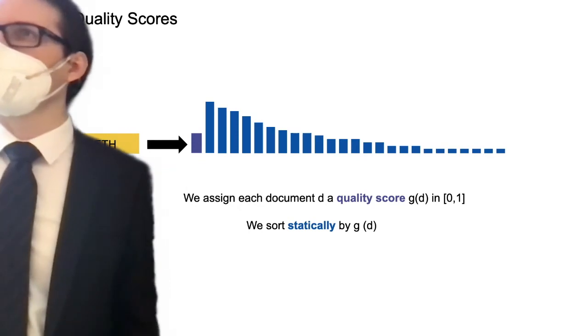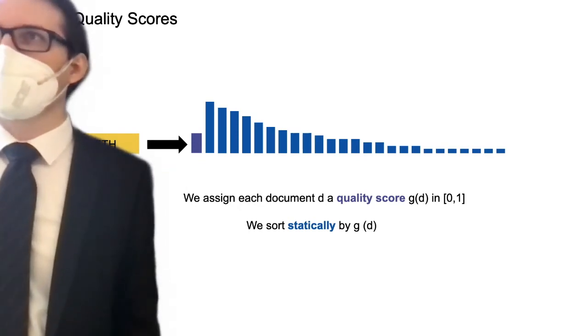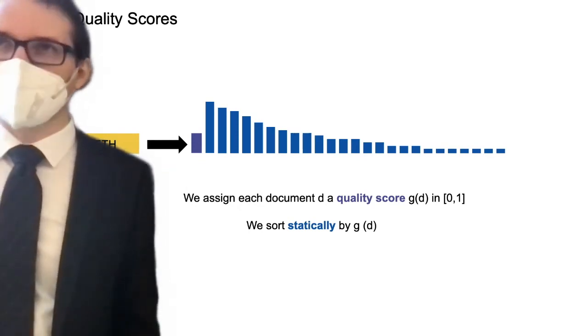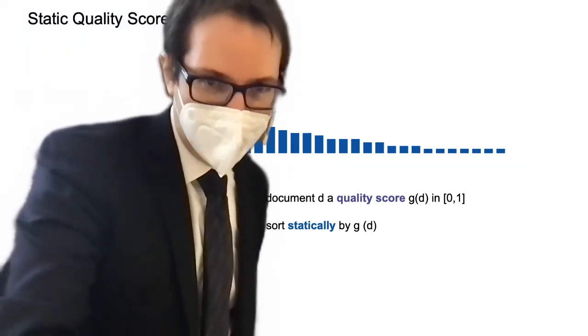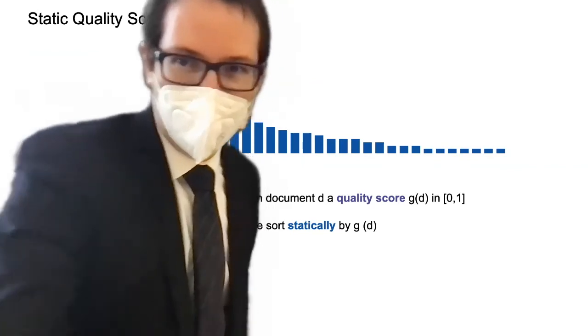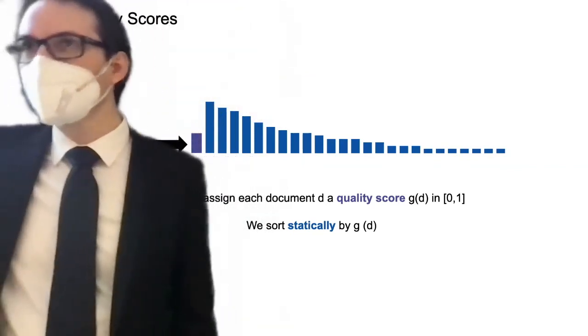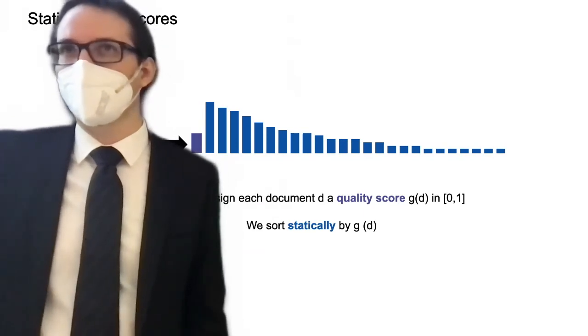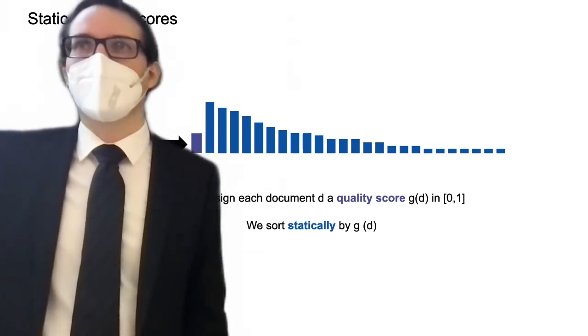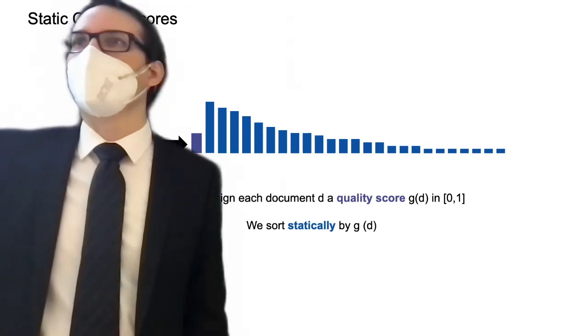Who thinks yes, we can? Who thinks no, we can't? Also on Zoom, let me look at the hands. Let me do it again, this time with Zoom. Who says we can use the union algorithm if we sort the documents everywhere by their quality score? The yes, we can.